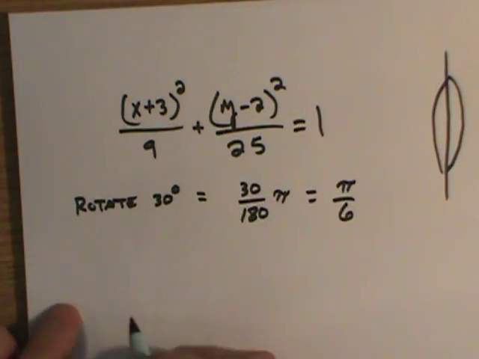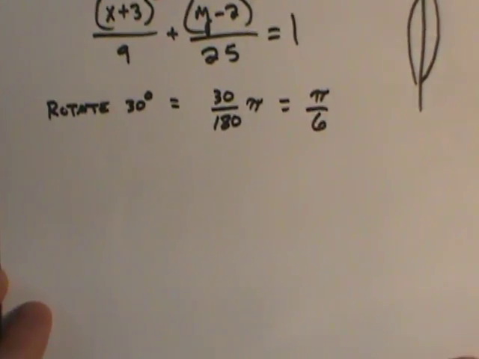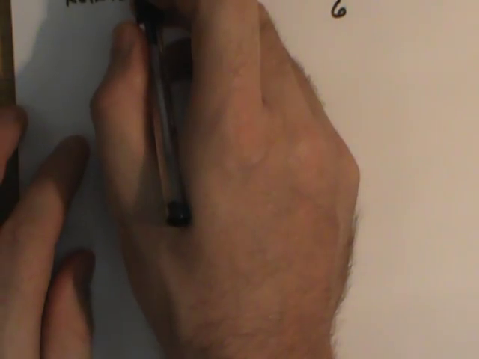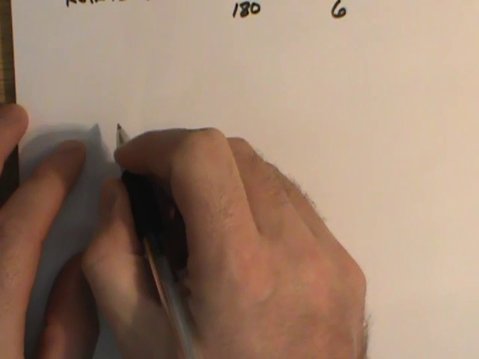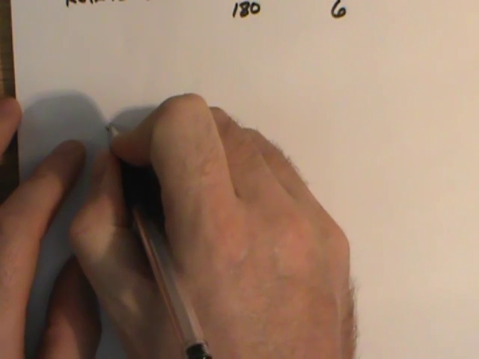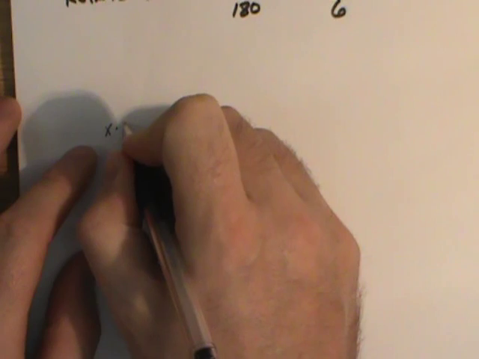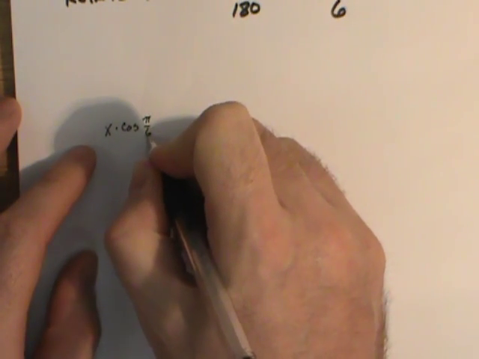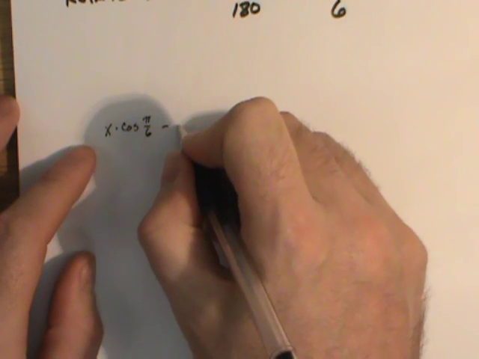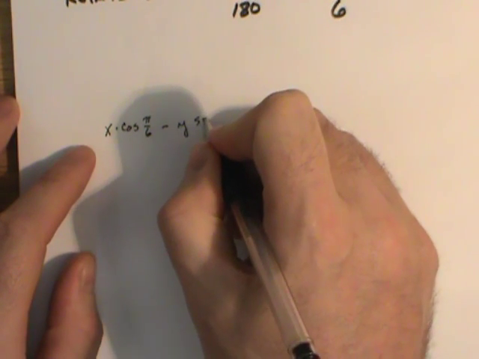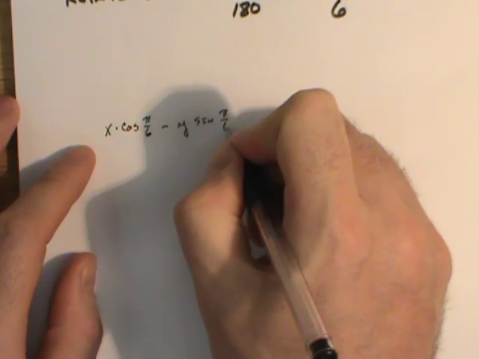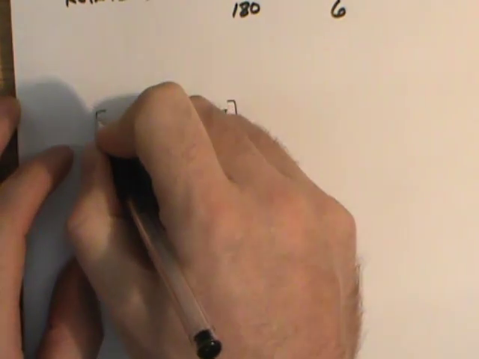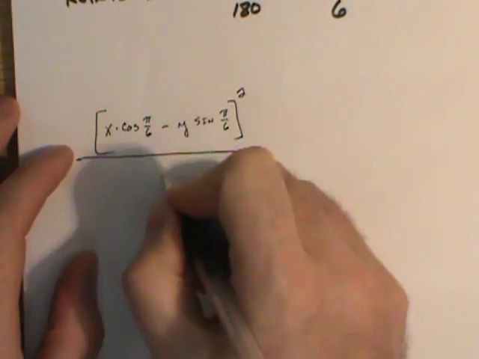All right, so to do this, I'm going to try and write this as neat as I can here. It may not be the easiest thing in the world to see, but I look at that x and I have the formula that says you want to go (x times cosine pi over 6 minus y times sine pi over 6) squared over 9.